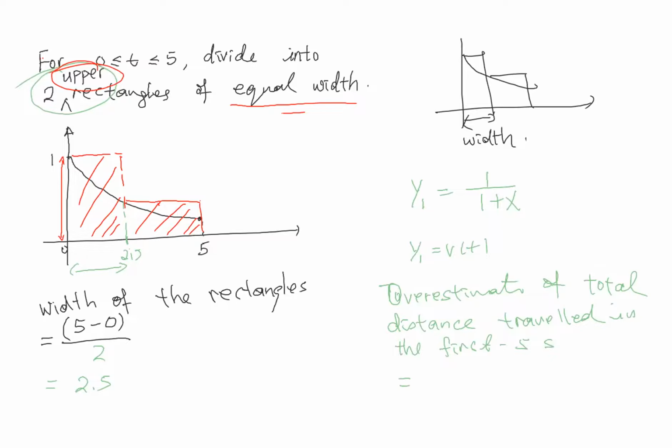The area of a rectangle is width times height, am I right? Since it is equal width, we write down the width 2.5. The first height is when t equal to 0, so you just put y1(0), plus the second one when t equal to 2.5, so you put y1(2.5). Okay, then answer.